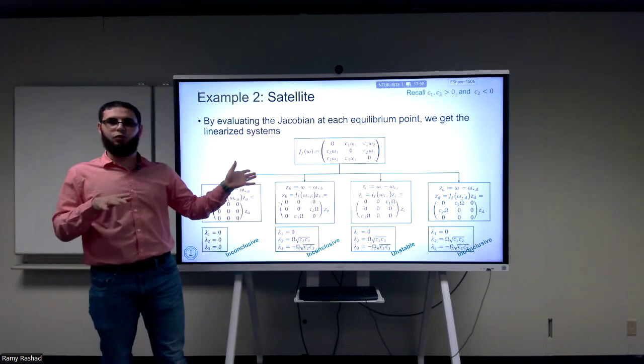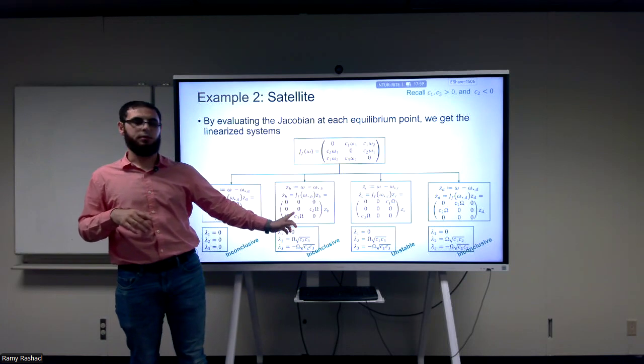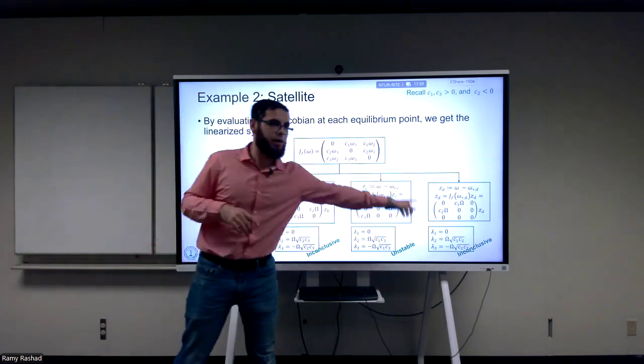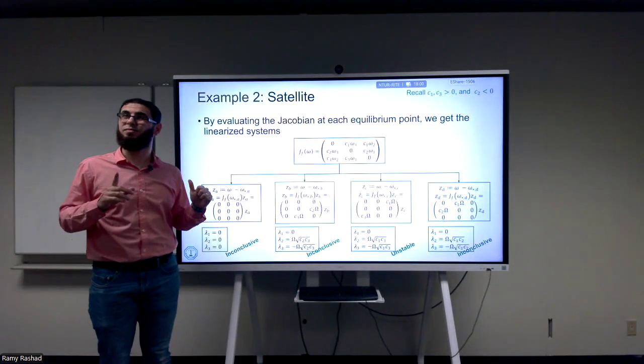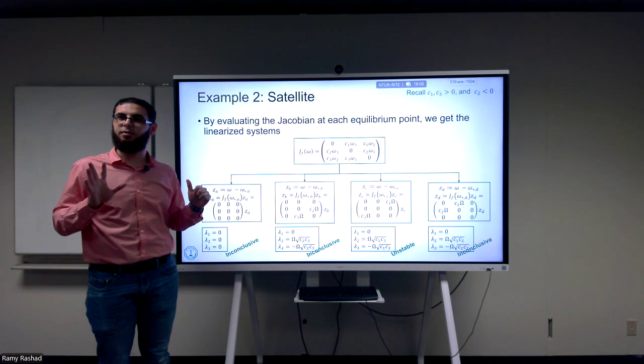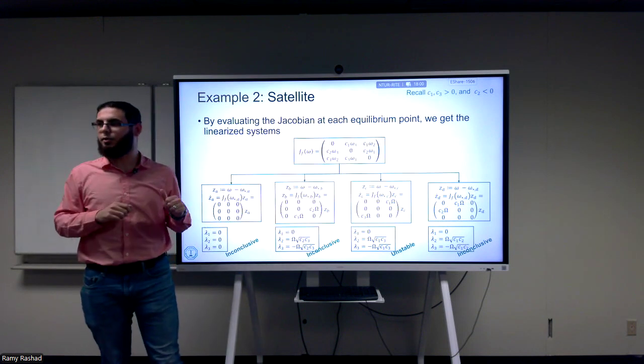You can show, but not with Lyapunov's indirect method, that this one is actually asymptotically stable, and this one is asymptotically stable, while this one is only marginally stable. Let me go back to it. I need to go back to it. And actually, we're going to be doing it later, inshallah.